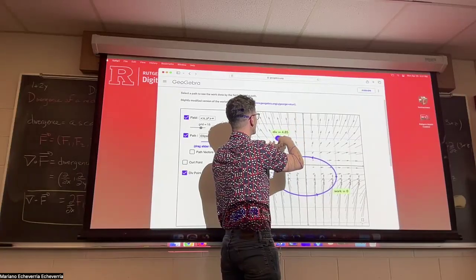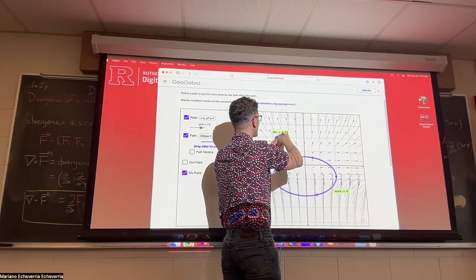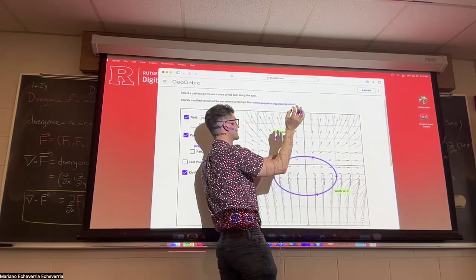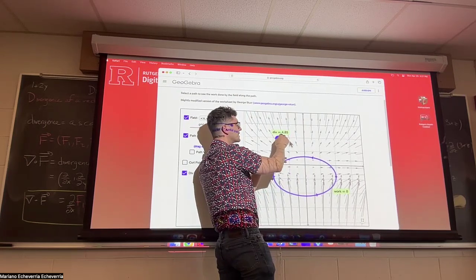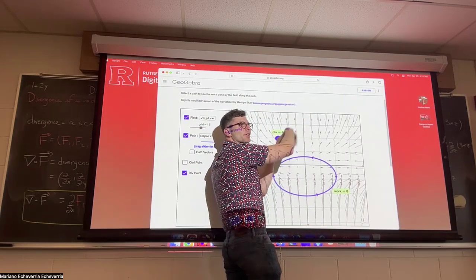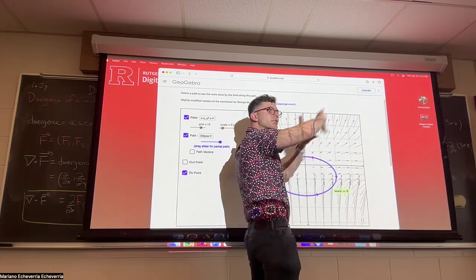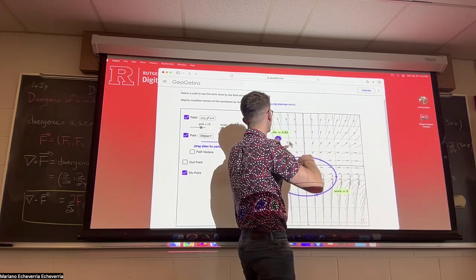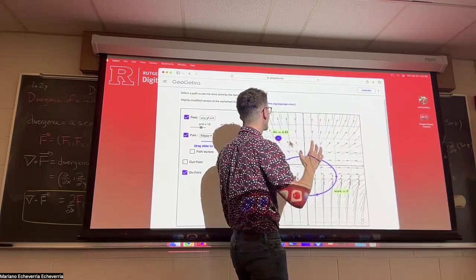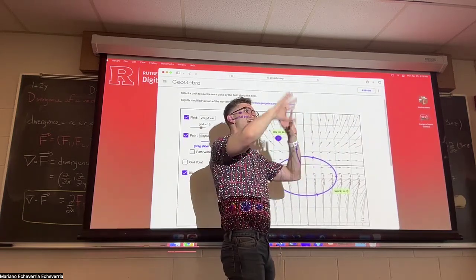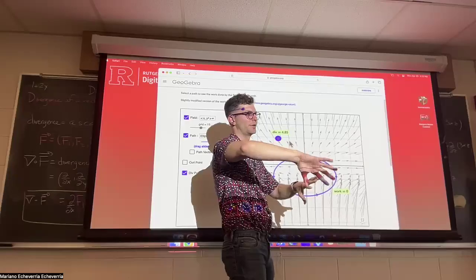It's like a bathtub, where you are adding water into the bathtub at this point. That would push the particles out, and then there's a net outward flux through this circle. So if the divergence is positive, that's called a source, in the sense that you're adding stuff into the fluid.